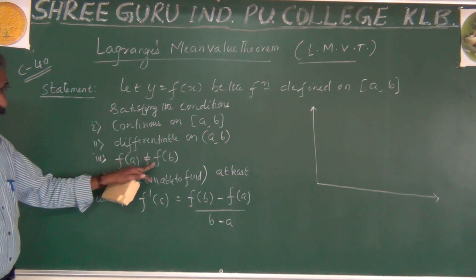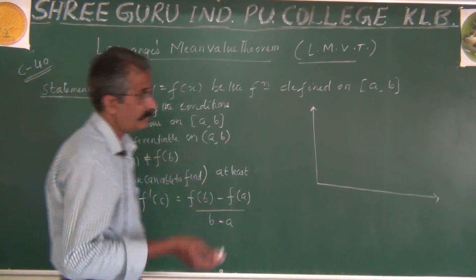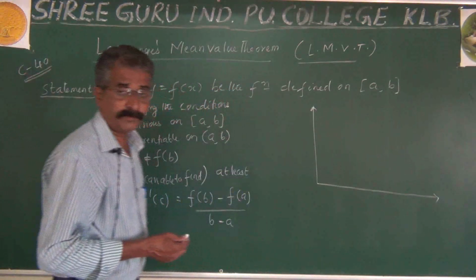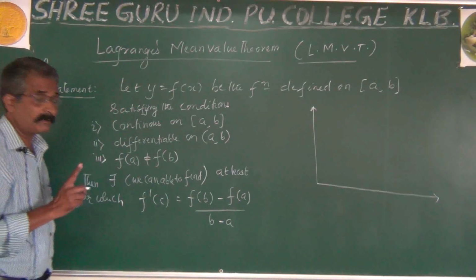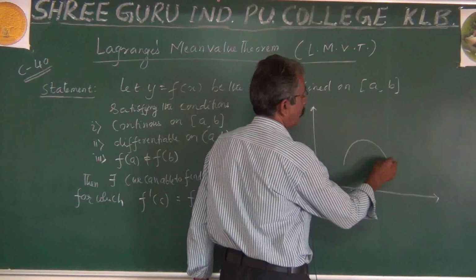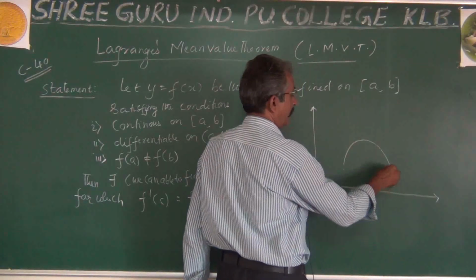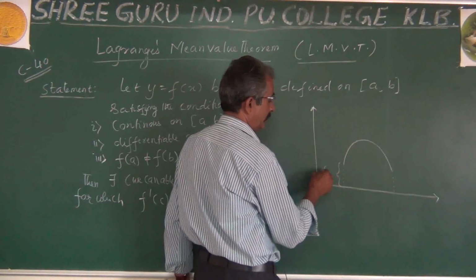Third one, f of a not equal to f of b. In Rolle's theorem we had f of a equal to f of b. That's why in Rolle's theorem the end points of the curve are at the same height from the x-axis.